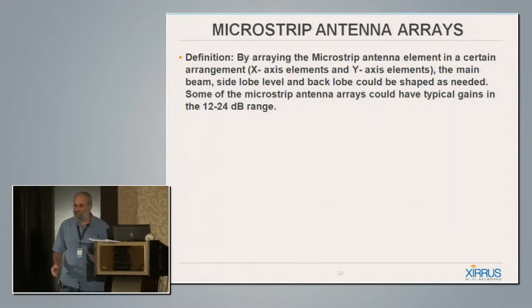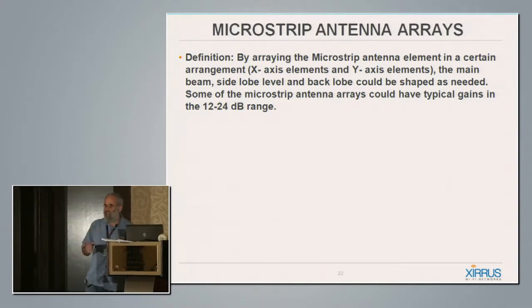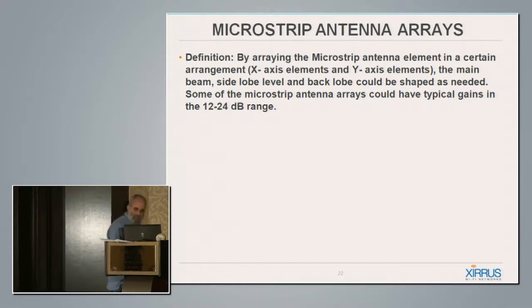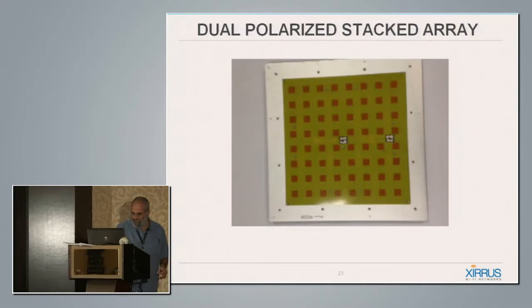It's about 24 dB. So usually my rule of thumb is that I design microstrip arrays up to about 24, sometimes 28 dB gain. But beyond a certain point, it's just trying to get more out of the antenna. You start to lose more in the feeding, all the feed network, which I'll show you here.